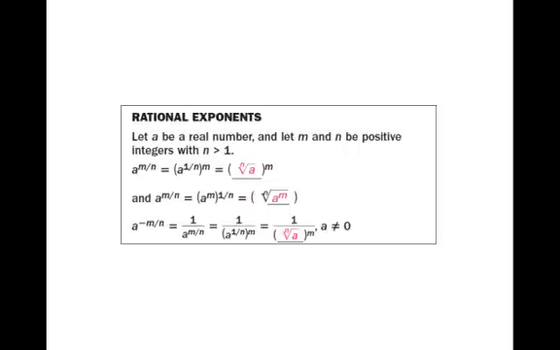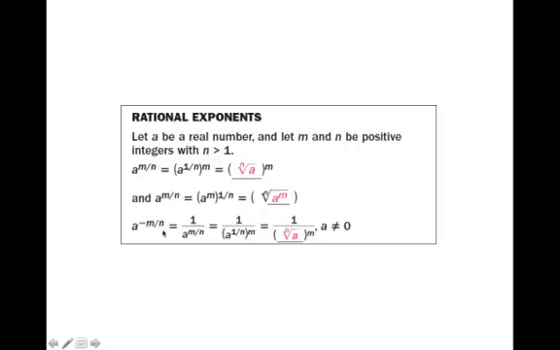A to the m over n is the same thing as a to the 1 over n, all to the m power, or the nth root of a to the m power. And a to the m over n can also be written as a to the m power, and then the 1 over n on the outside, and you can do the nth root of a to the m. So the exponent can be inside the radical or outside the radical.